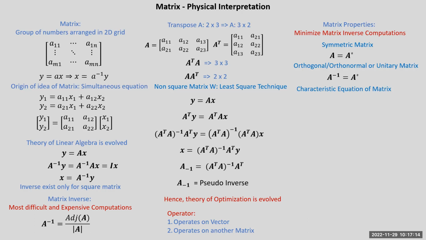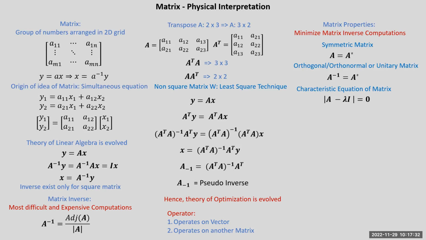Now we'll see what is the characteristic equation of a matrix. It is defined as determinant of (A minus lambda I) is equal to 0, where lambda is some parameter which is called the eigenvalue and I is the identity matrix.